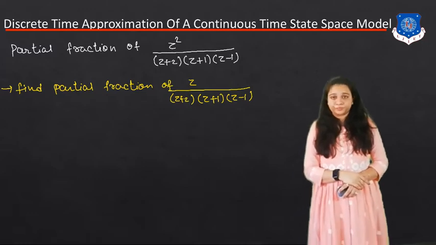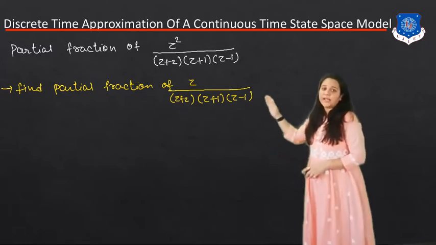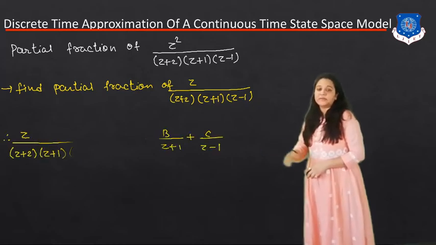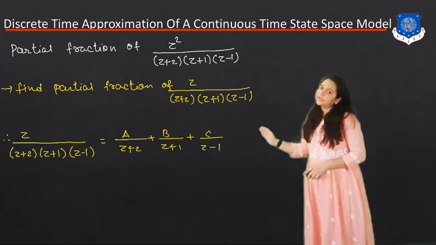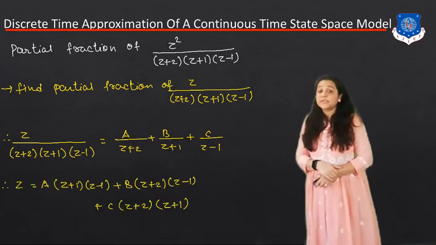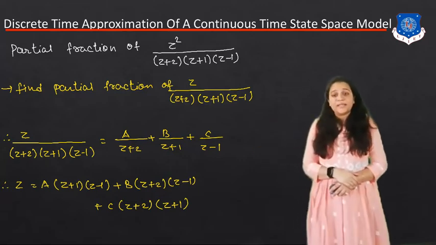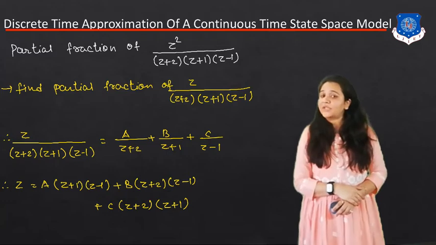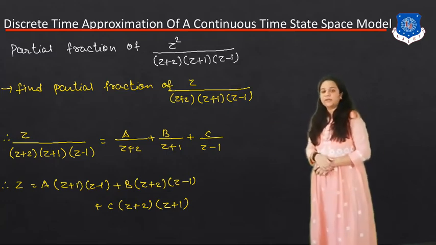Okay, so we have to find the partial fraction of z upon z plus 2, z plus 1, z minus 1. So that is equal to A upon z plus 2, B upon z plus 1, and C upon z minus 1. Simplify this equation, we can get z is equal to A into z plus 1, z minus 1, plus B into z plus 2, z minus 1, plus C into z plus 2, z plus 1.